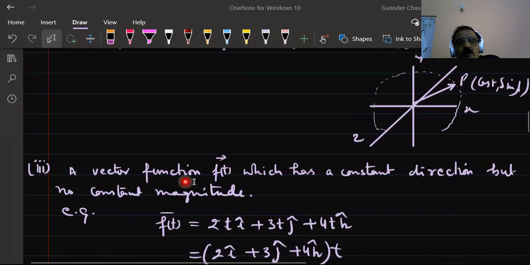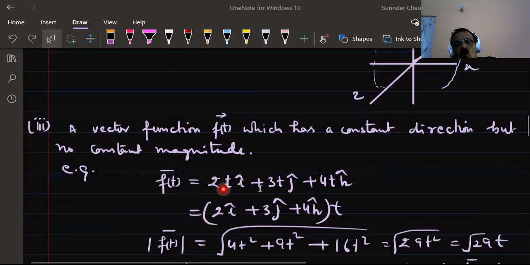Next, a vector function F(t) which has constant direction but no constant magnitude. For example, F(t) vector equal to 2t i plus 3t j plus 4t k. Here t is common, so it is (2i plus 3j plus 4k) times t.